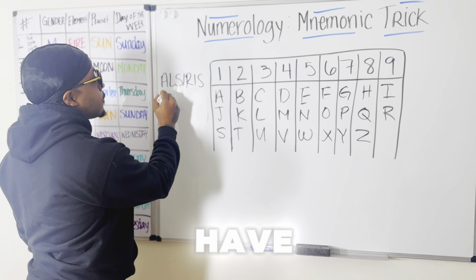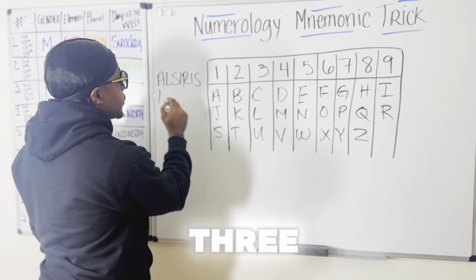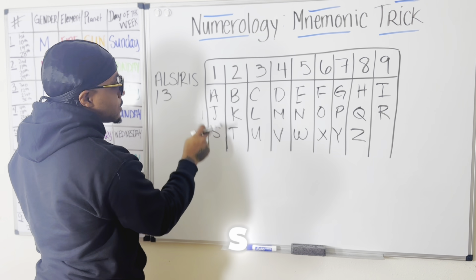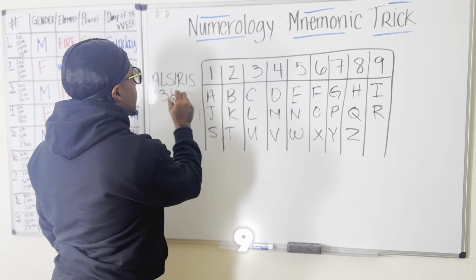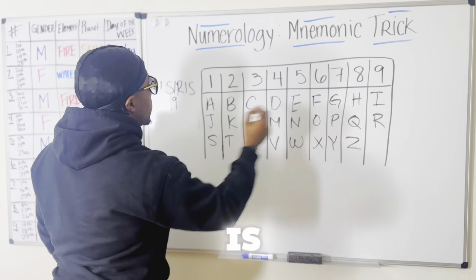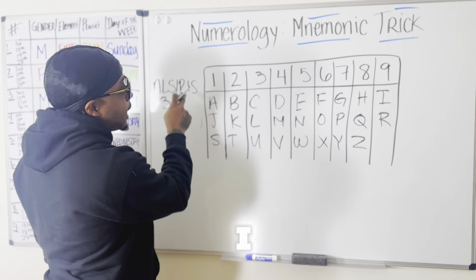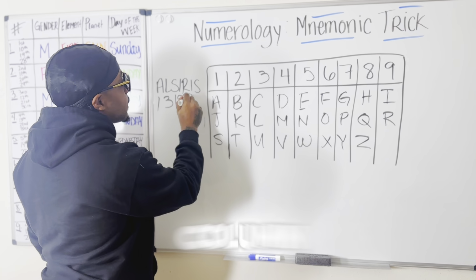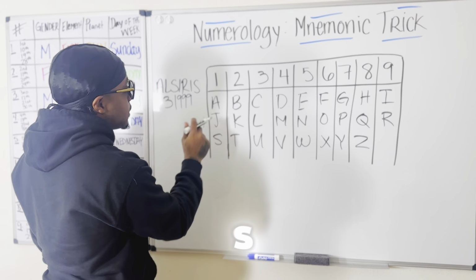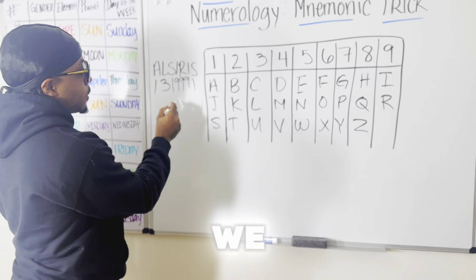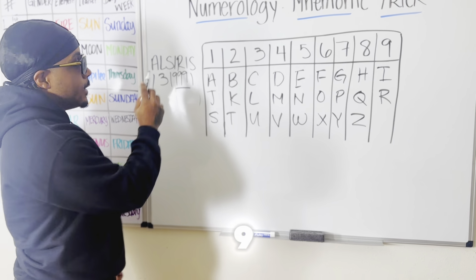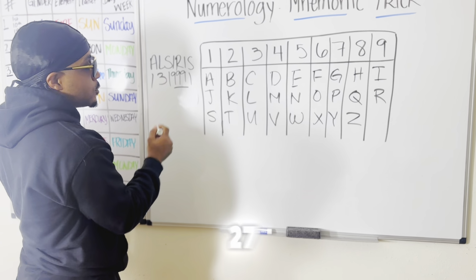Now, what about my name? ALsiris. We have A, that's 1. L is in the 3 column. S is in the 1 column. I is in the 9 column. R is in the 9 column. I is in the 9 column. And S is in the 1 column. So let's add this together. We got 9 plus 9 plus 9, that's 27.